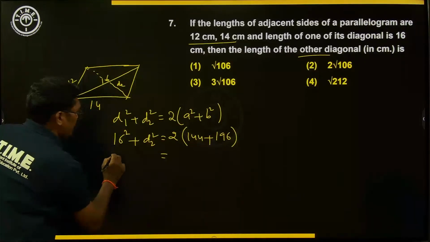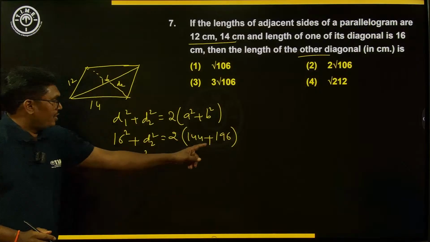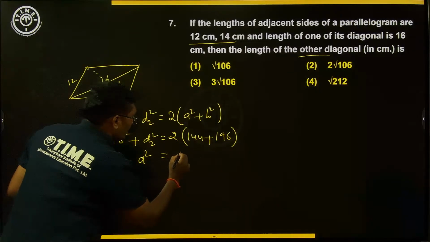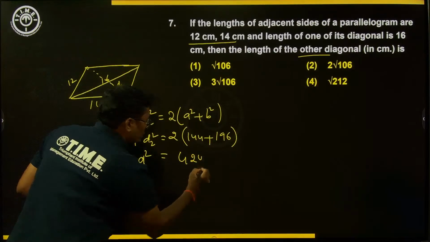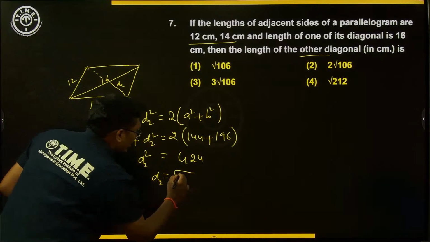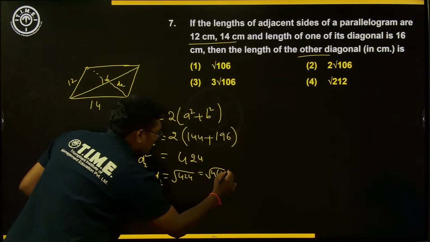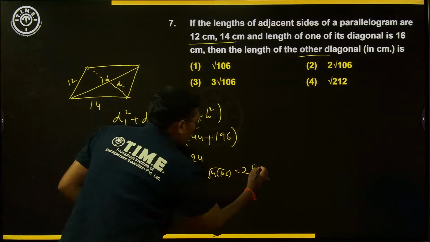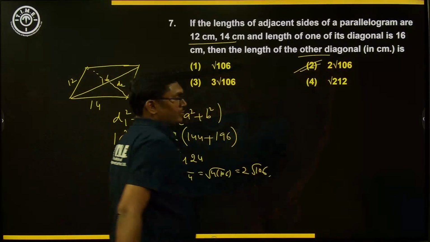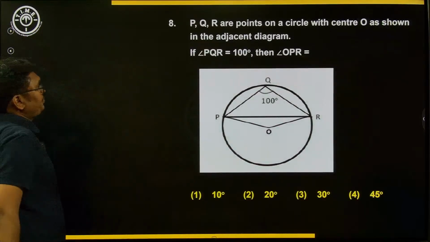This is 256. So D2 square is equal to 680 minus 256, that is 424. Okay, so D2 is equal to what? Square root of 424. So this is nothing but 4 into 106. So that is 2 into root 106. So answer is choice 2. Right? Okay.